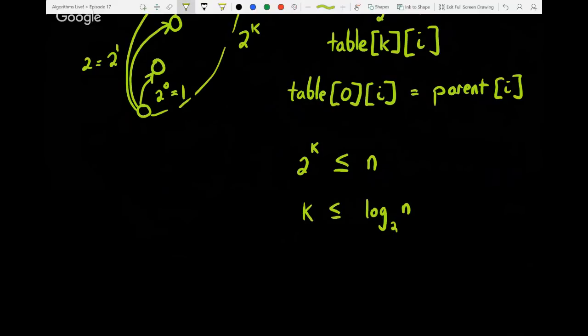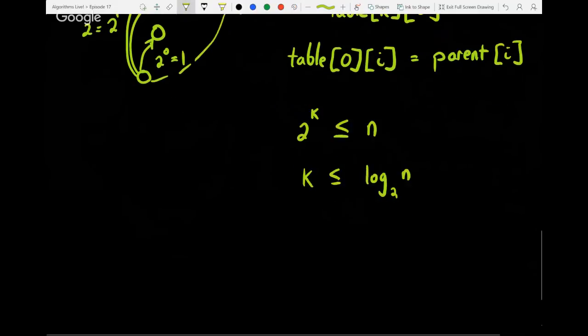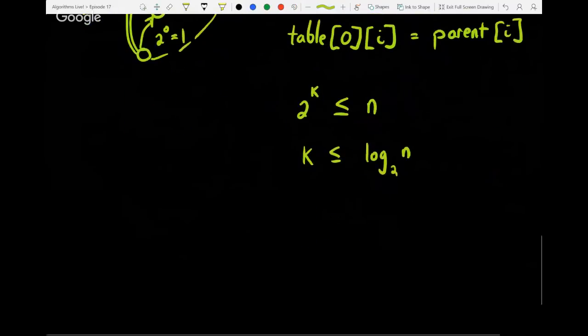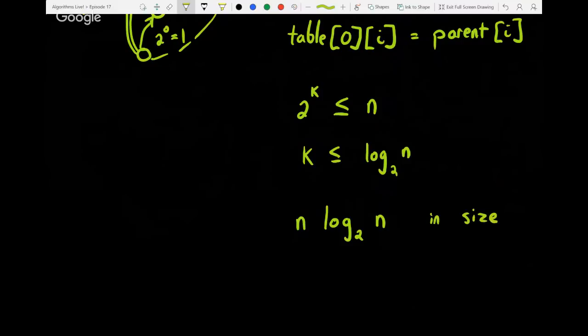So since there are n nodes, and I have these log n different k values that can exist, our 2D table is going to be no bigger than n times log base 2 of n in size. That roughly gives us the size of the table.